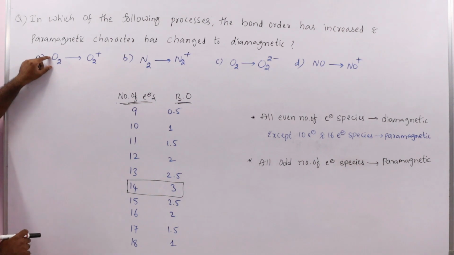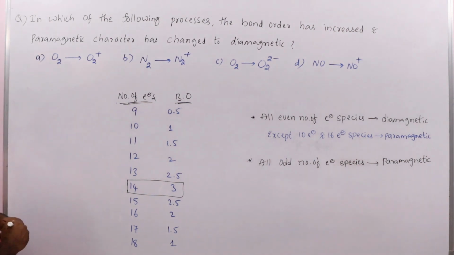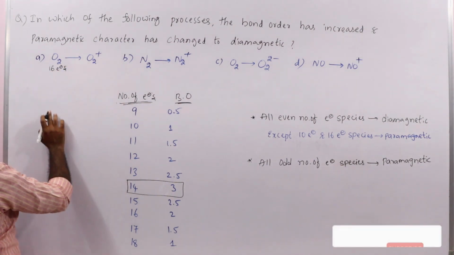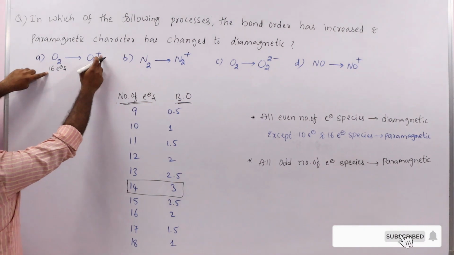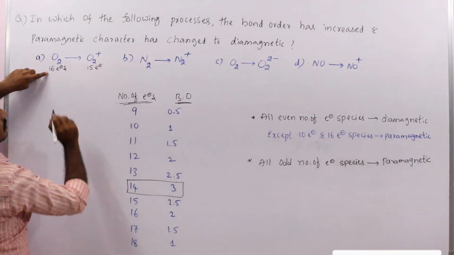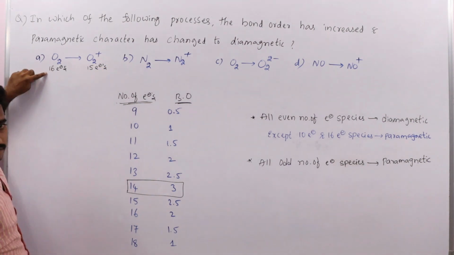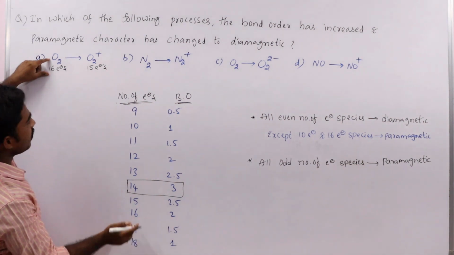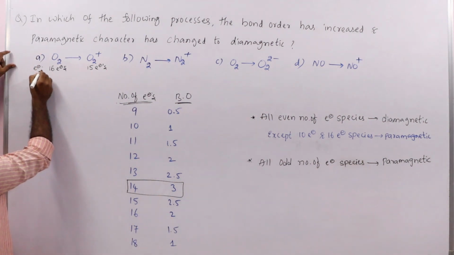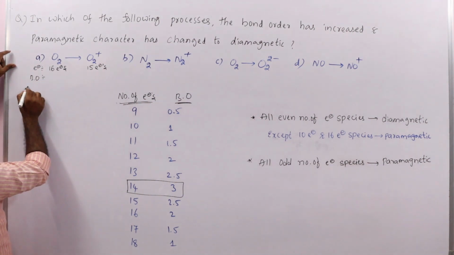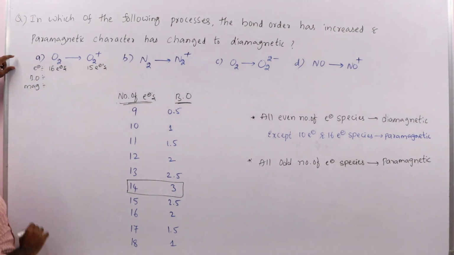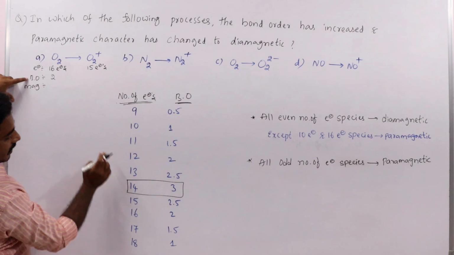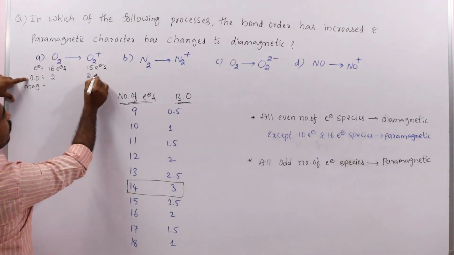First we have to find the electrons. O2 contains how many electrons? 16 electrons. O2 plus means 15 electrons, a loss of 1 electron. The 16 electron species has bond order 2, and the 15 electron species has bond order 2.5.